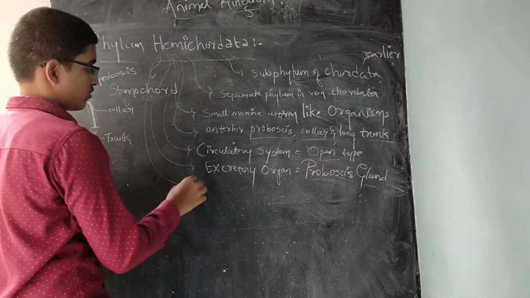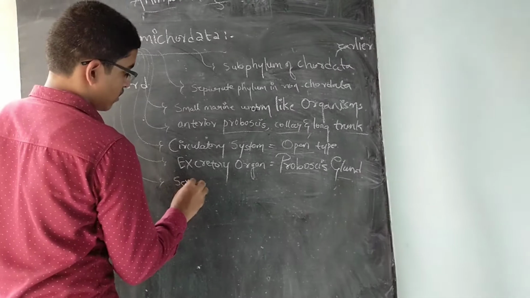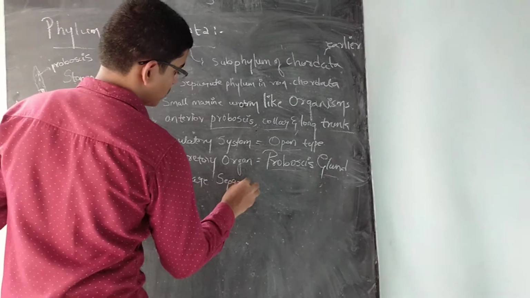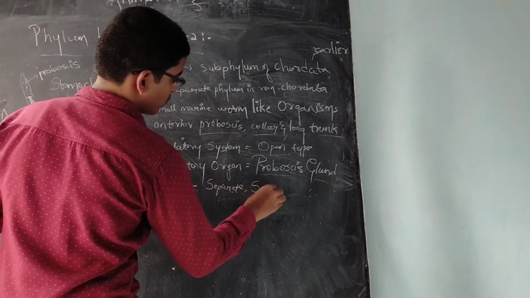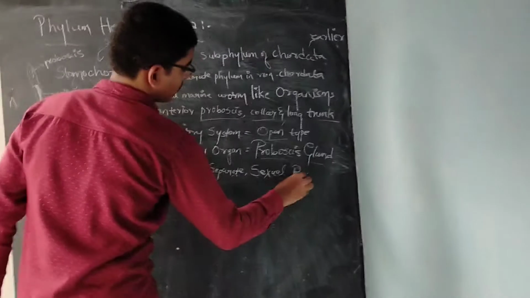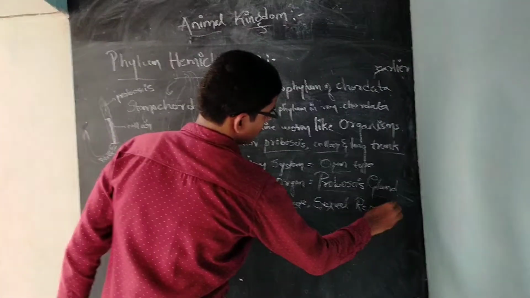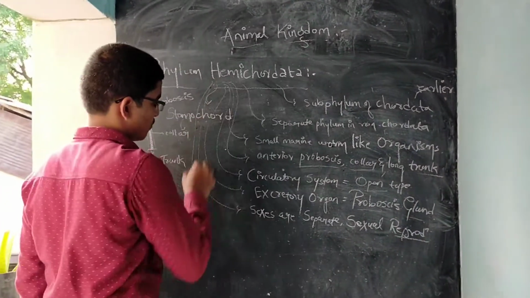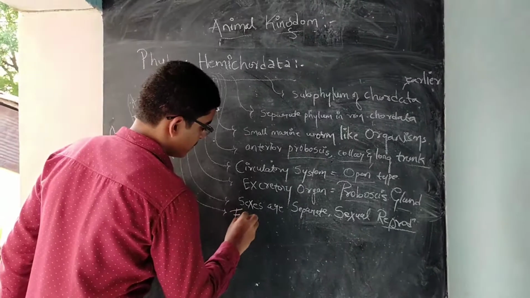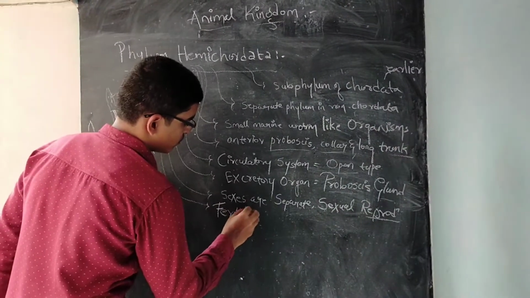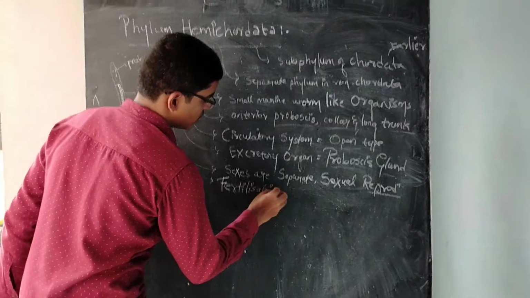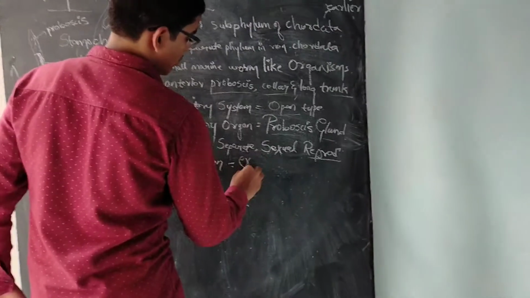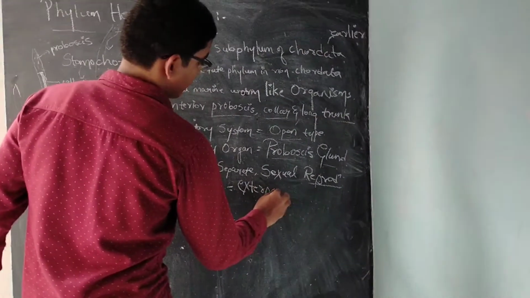In balanoglossus or hemichordates, the sexes are separate, meaning dioecious. And here we see a sexual mode of reproduction. When it comes to fertilization, fusion of male and female gametes takes place in the outside environment, which is external.